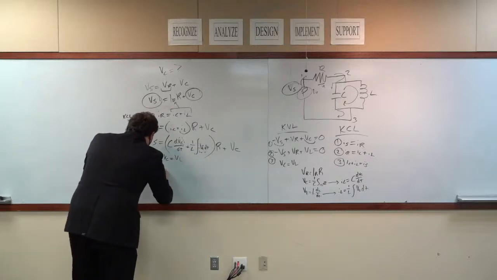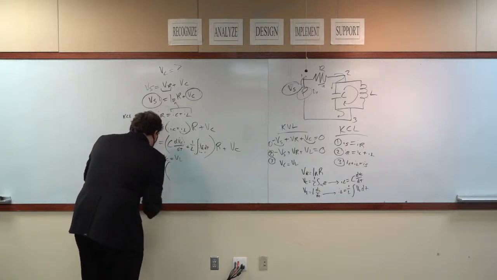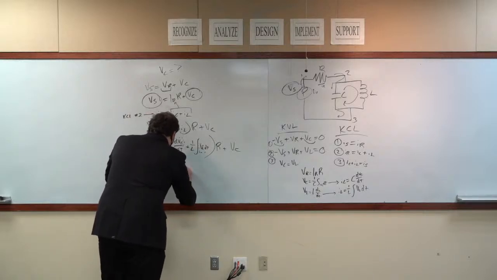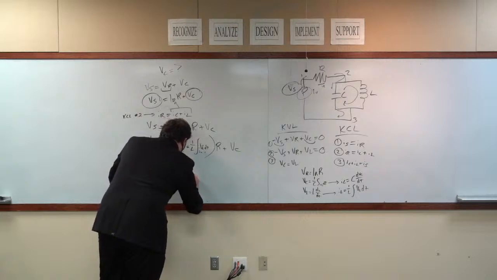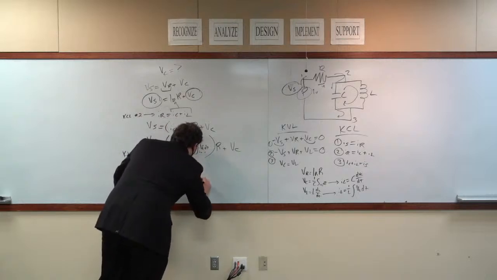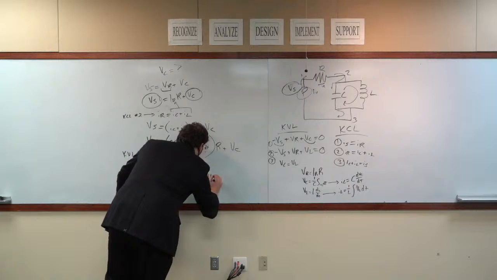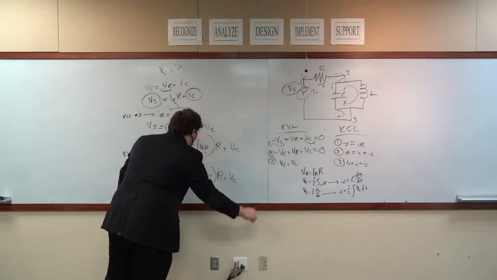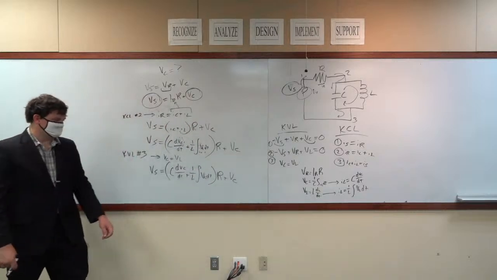And as soon as you do that now, VS is equal to C dVC dt plus 1 over L times the integral of VC dt times R plus VC.